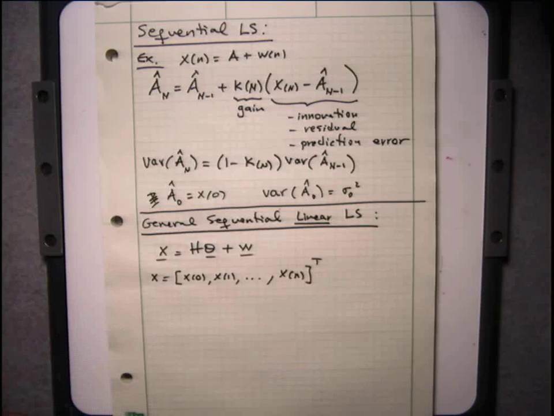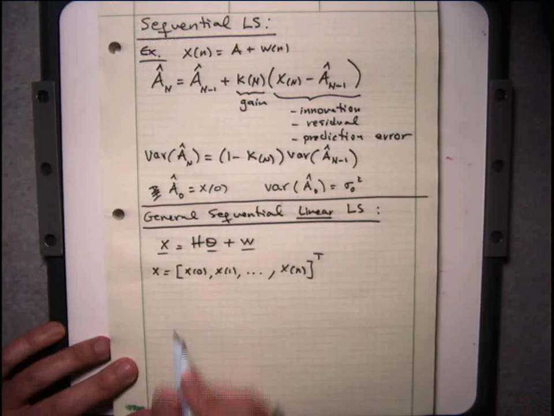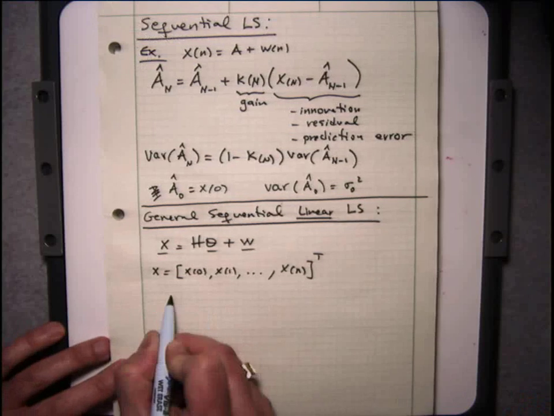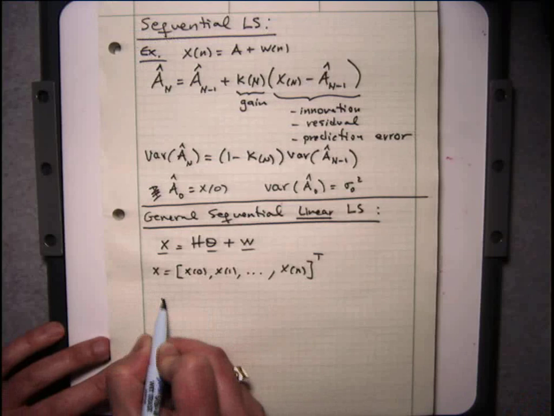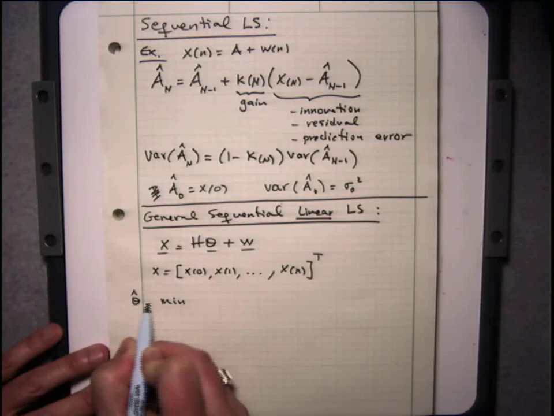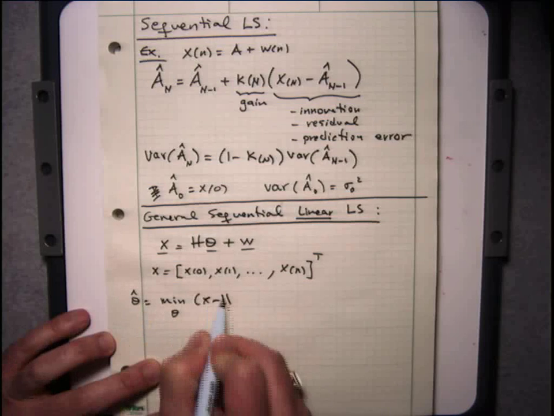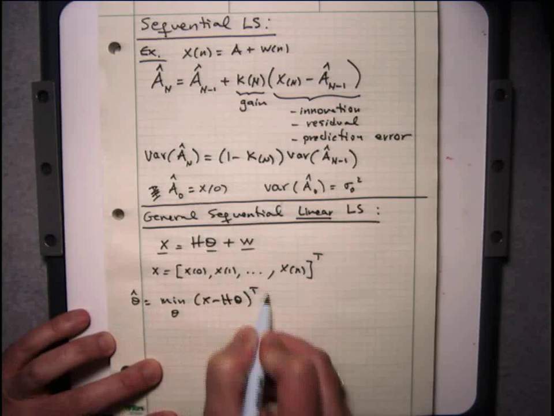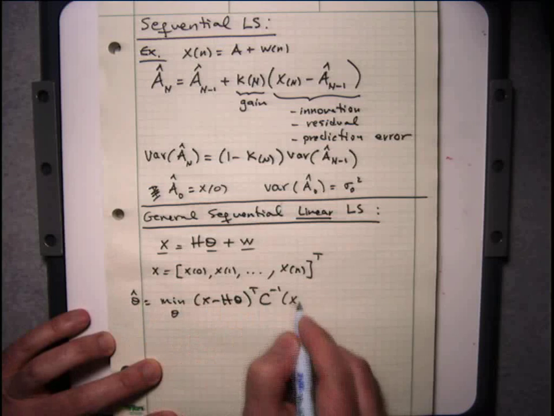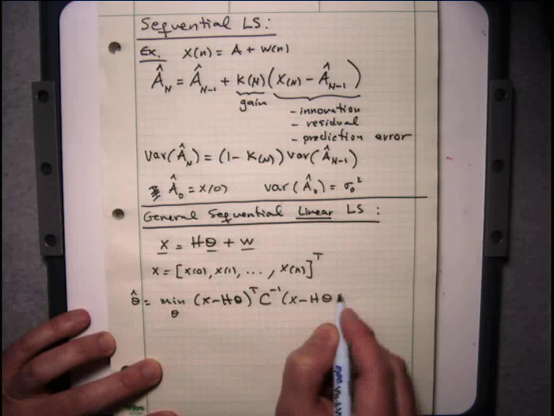If you remember, when we wanted to solve the least squares problem, we minimized the quadratic cost function, possibly with a weight in the middle, which gave us what we call the weighted least squares. So let's write that general format. To estimate theta hat, we minimize over theta x minus h theta transpose, some covariance C inverse, times x minus h theta.